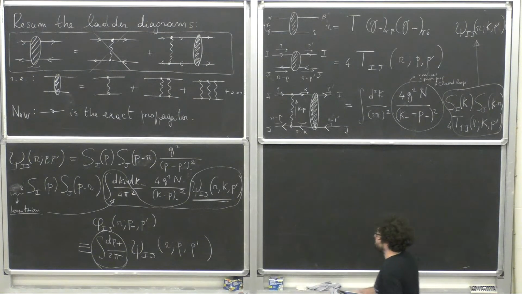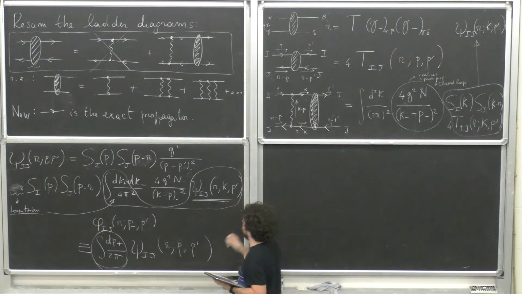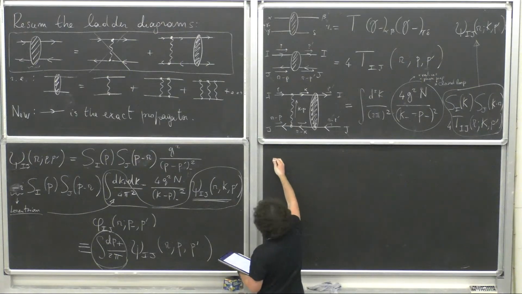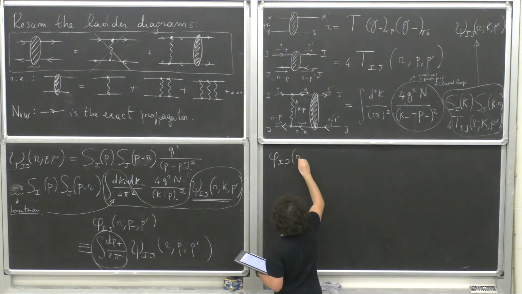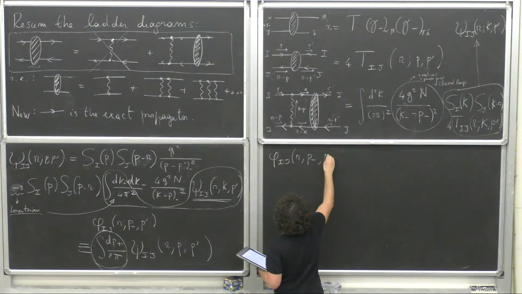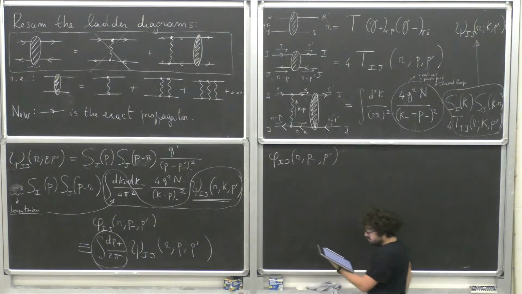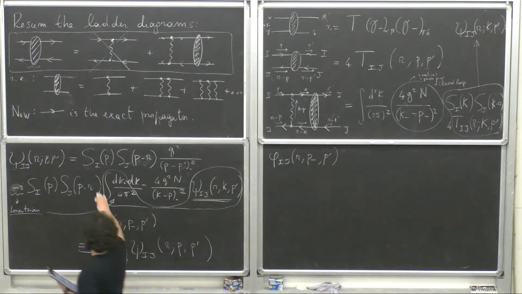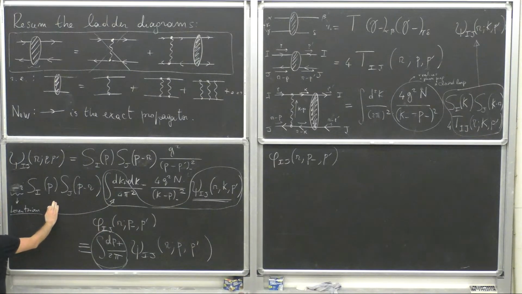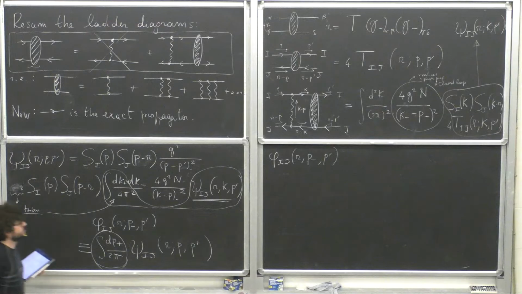Okay, so now I apply this integral, and what do I get? I get phi ij, so the first part is easy, I just get phi. That's my definition, so I don't have to do anything. And the nice thing is that both here and here, where is the dependence on p plus? It's only in my exact propagators, right? So it's going to somehow factor this integral.